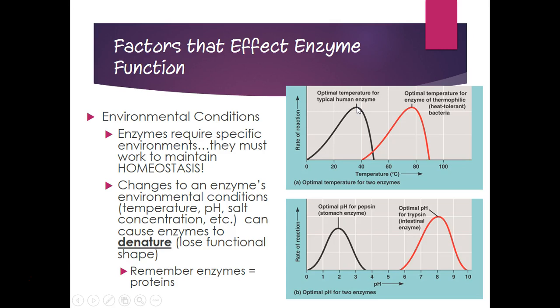So let's assume that at that optimum for this particular human enzyme, so we're talking about body temperature, about 38 degrees Celsius, that enzyme is able to break down 100. So if I'm at 100 molecules of sucrose here at its optimum, as I get lower and lower in temperature, maybe I can only break down 100 molecules here.